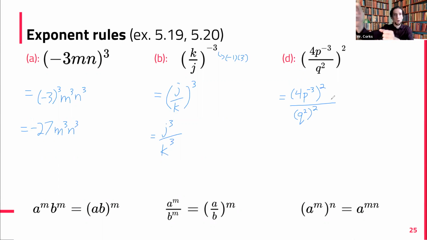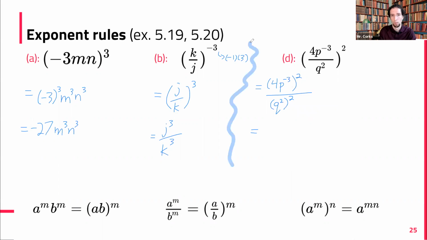So we just bring our exponent in from the larger brackets here and apply it to the top and the bottom of the fraction. And then what's the next step we would have? 16 p to the exponent of -6 over q exponent 4. Okay.